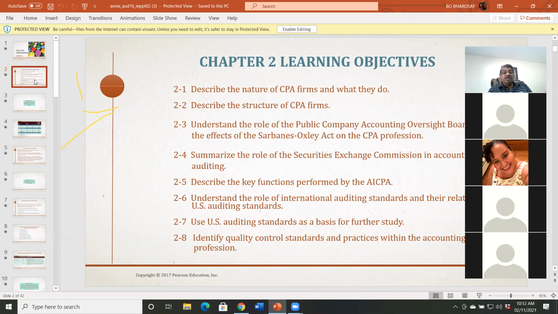We'll identify quality control standards and practice within the accounting profession. Quality control standards are standards set by firms themselves. Let's think of a restaurant business. If you have a restaurant business, what are some of your quality control standards going to be?